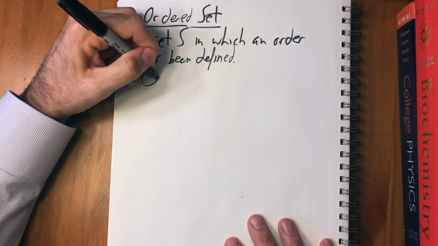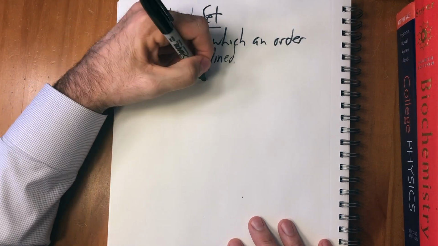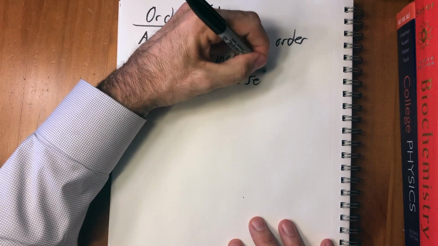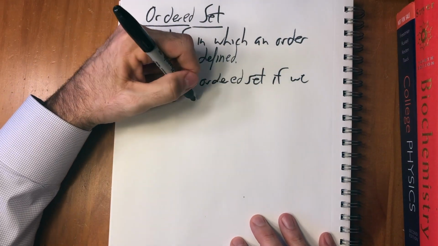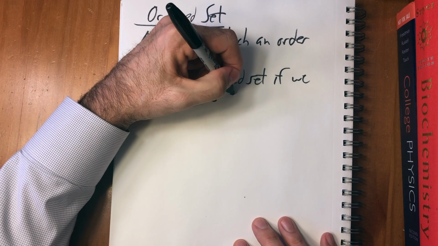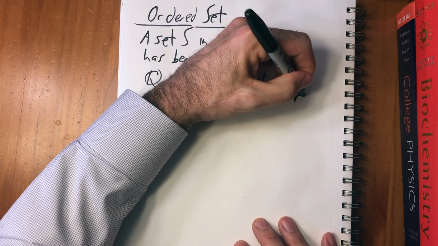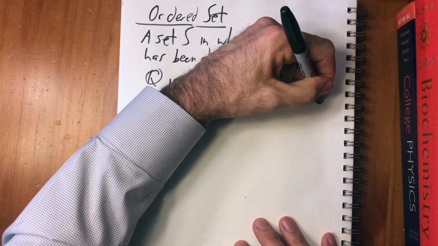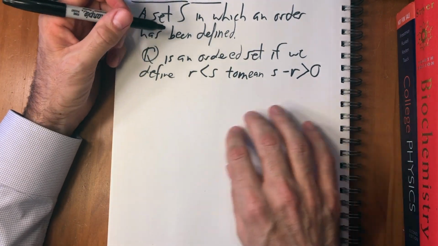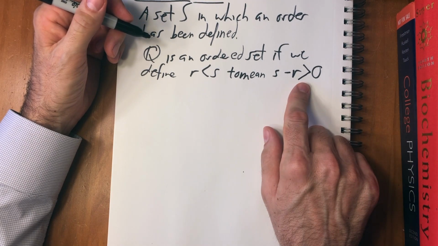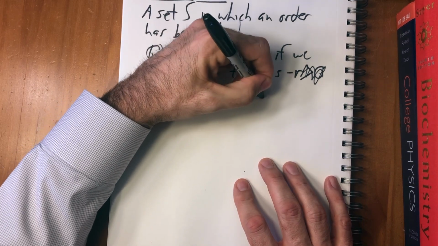So for example, the rational numbers are an ordered set if we define r < s to mean that s minus r is greater than 0, or is a positive rational number.